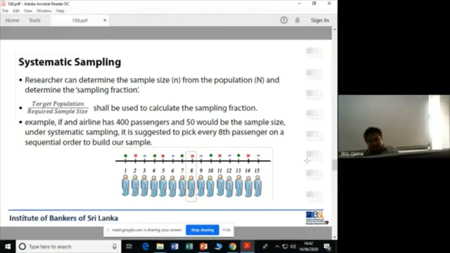Let's say the 8th person that we are going to randomly select in these passengers is having the exact similar characteristics. Let's say you want to assess whether you are going to have a meat-oriented meal or a vegetable-oriented meal in your flight.